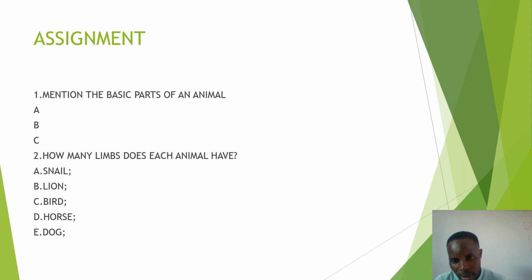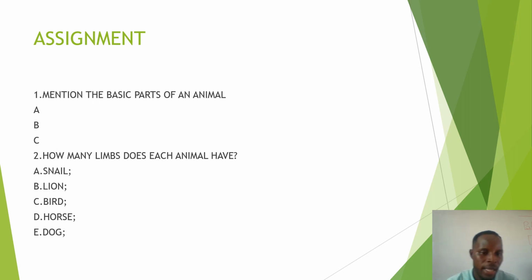We said that the head holds the eye, the ear, the nose, and mouth, and the eye is used to see. Then the limb helps the animals to move. That's the leg and the hand. You can see a goat having 4 limbs. Then the trunk is the main body part.